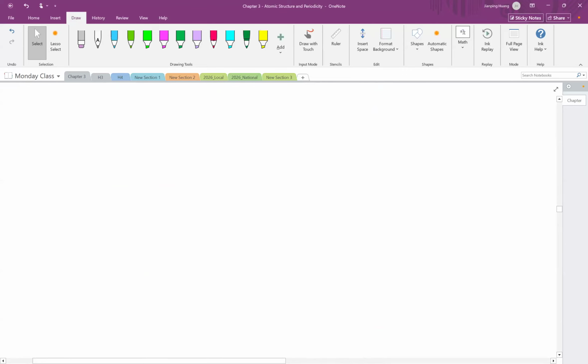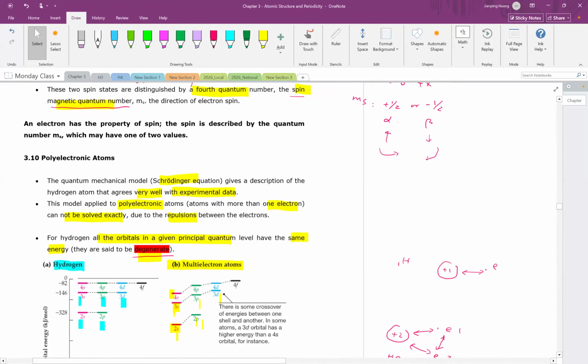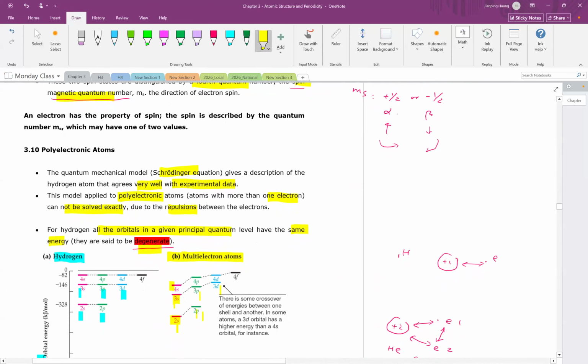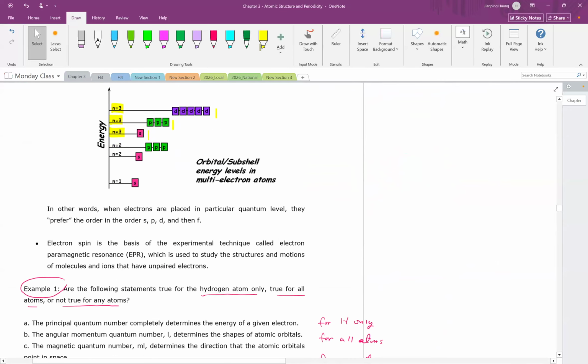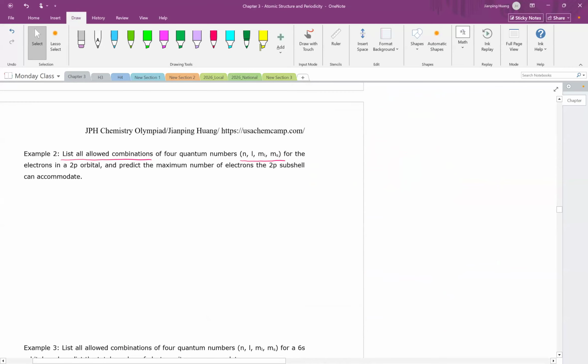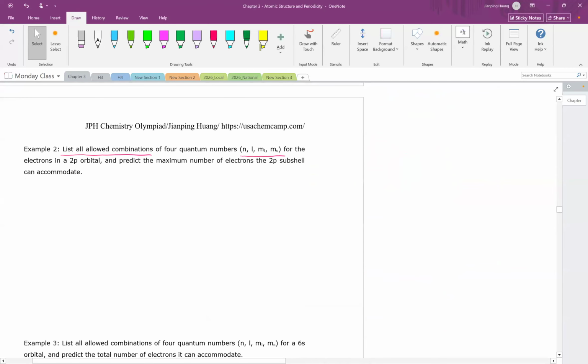So you go back and look at here: 2s, 2p, 3s, 3p, 3d, 4s, 4p, 4d, 4f. That is only for hydrogen. For another one, see, 3s, 3p, 3d. Not only by N, also by the L. Now you are going to look at 2p.